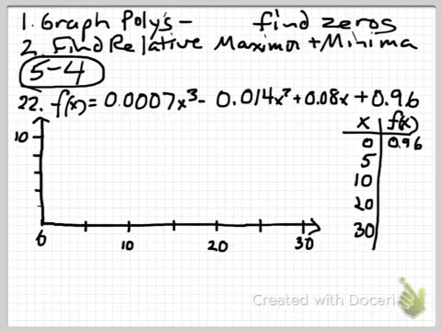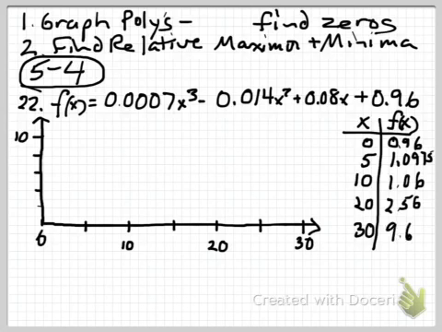And then I'll trace 5, enter, and y would be 1.0975, and then trace 10, enter, and y is 1.06, and then trace 20 and get 2.56, and then 30 and get 9.66. So let's just plot these points.